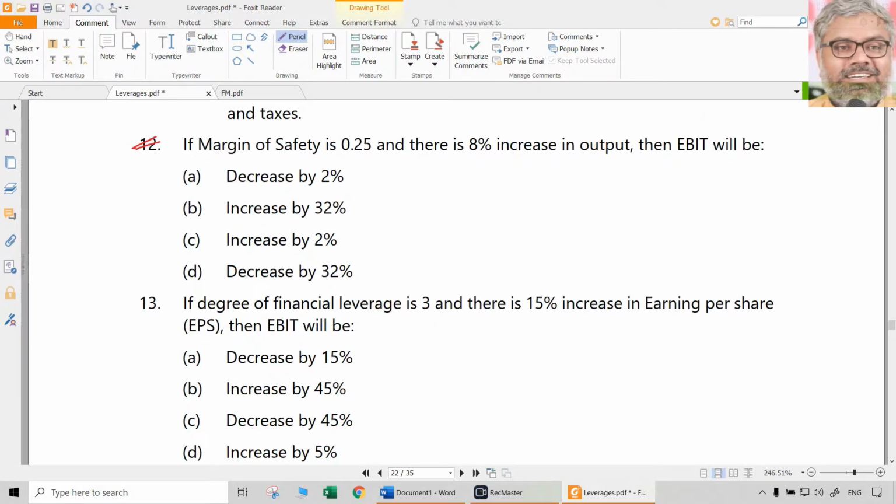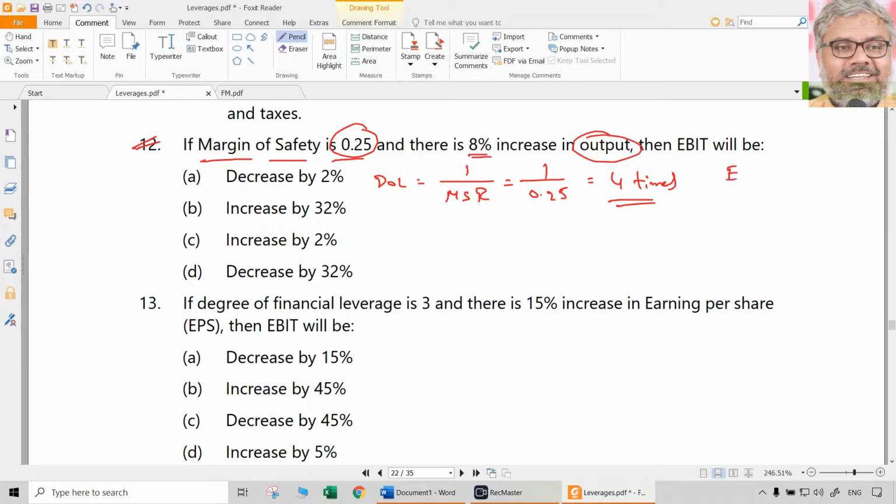Then 12th question, look at this carefully. Margin of safety 0.25, of course, understand this as margin of safety ratio. So margin of safety ratio 0.25 means, first thing first we should know, degree of operating leverage is 1 divided by margin of safety ratio. So 1 divided by 0.25 means 4 times is the degree of operating leverage. And there is an 8% increase in output.